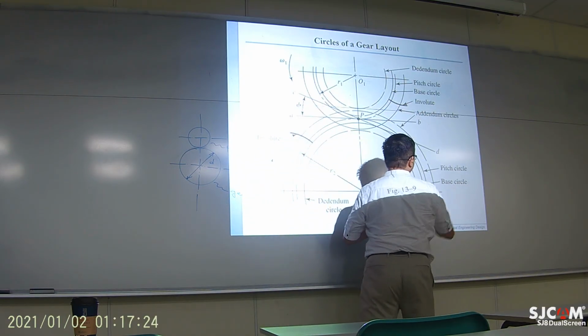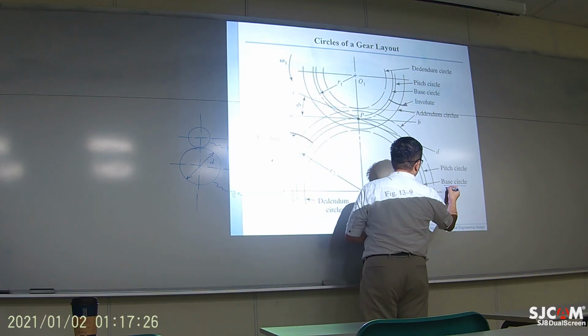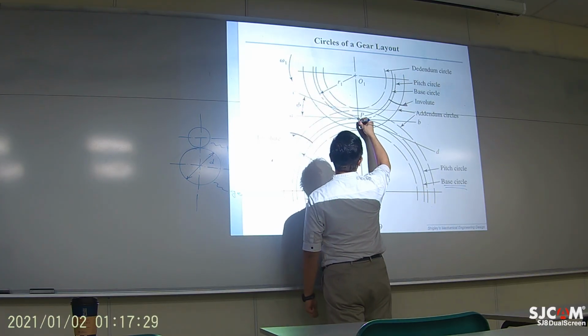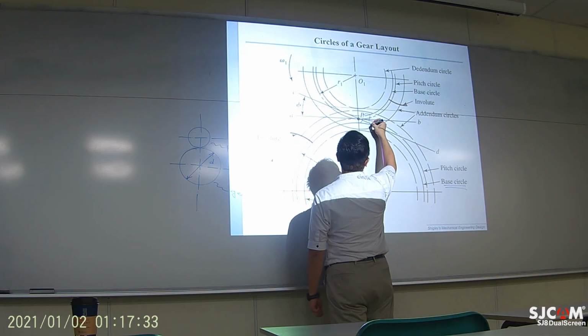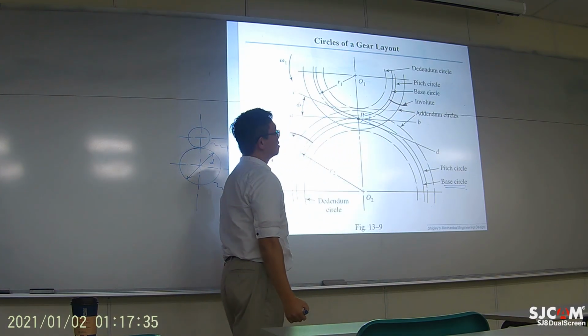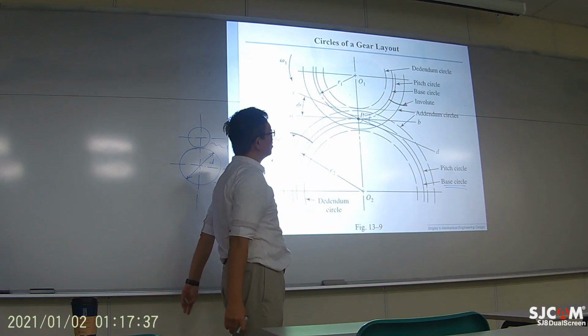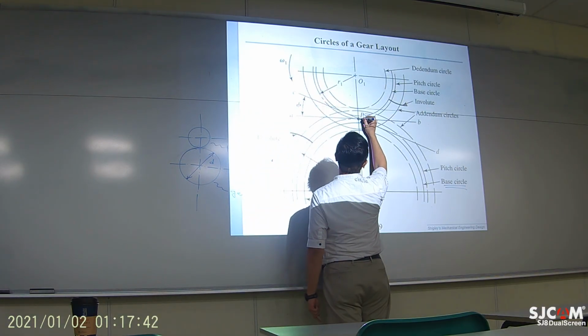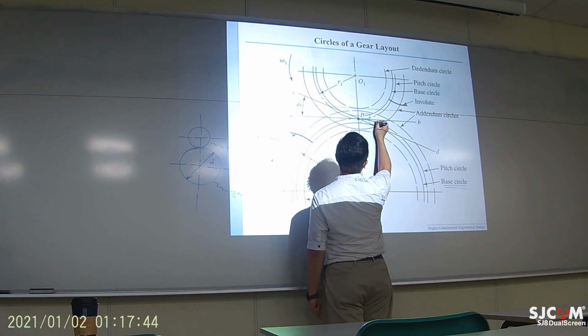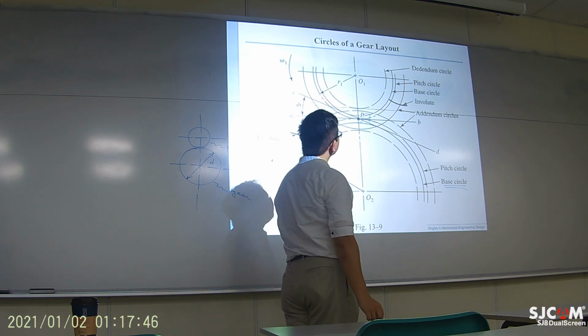There's a circle called the base circle. The base circle is like the base of the tooth. Okay? So it's like the root of the tooth, and the pitch circle is in the middle, right?